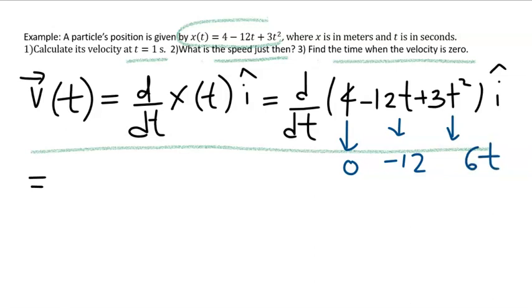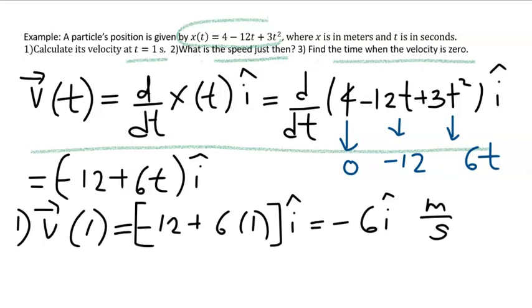So you end up with the following expression for the instantaneous velocity: minus 12 plus 6t i hat, which then yields the answer minus 6 i hat meter per second for the velocity at t equals 1.